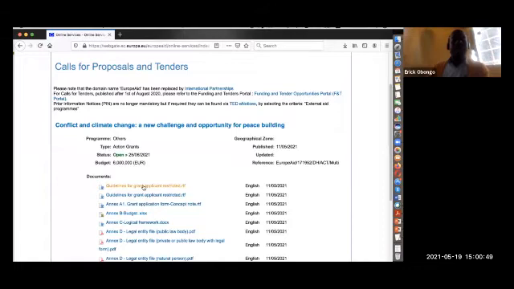Under this section, you will also find the documentation in relation to this specific call. For instance, the first document is usually the guideline, the one we are going to cover in our next presentation. The guideline shows you the specific details which are required for you to respond to this call.